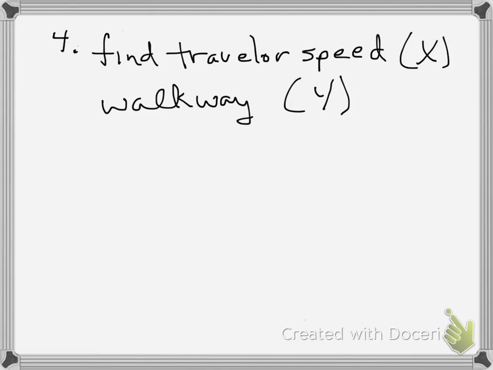Now when you're going in the same direction as the walkway, it speeds you up. So with the walkway, it's going to be x plus y, and it tells us that speed, when you're walking with the walkway, is 7 feet per second. So that's going to equal 7.